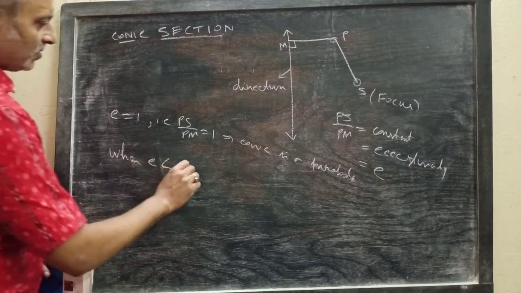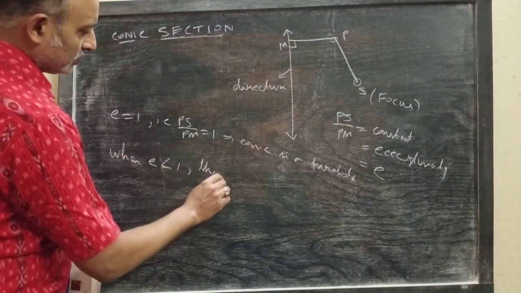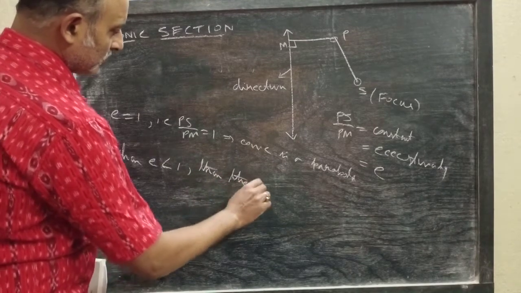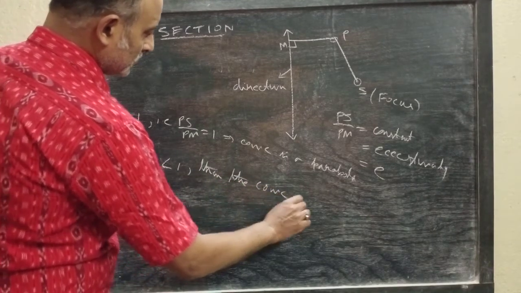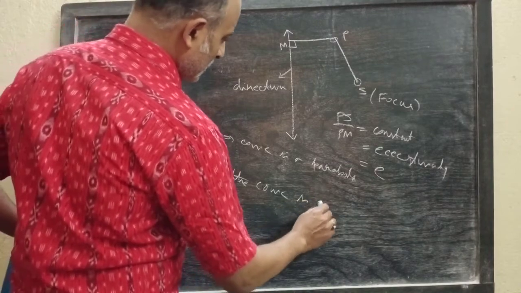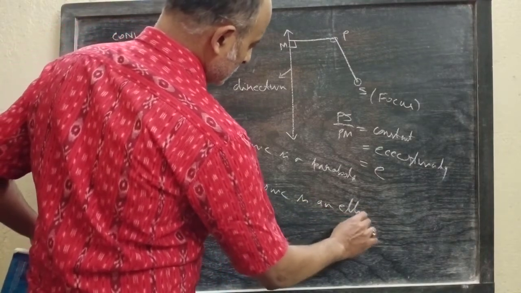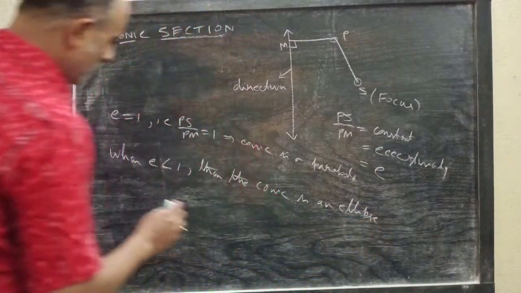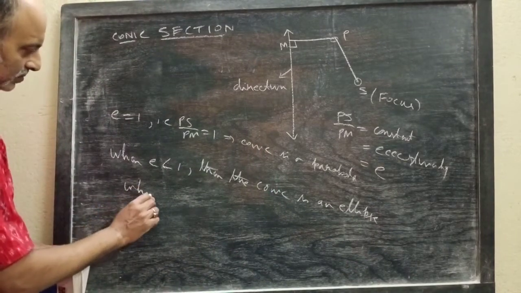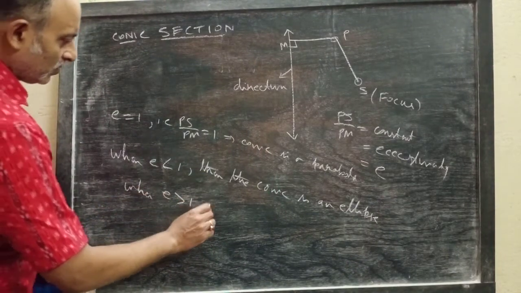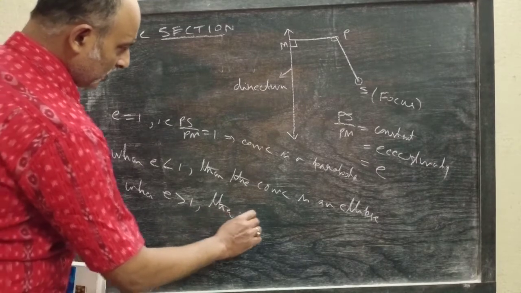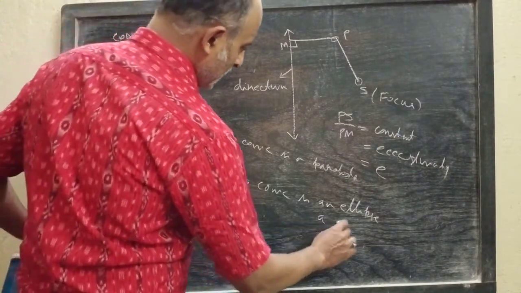When e is less than 1, then the conic is an ellipse, and when e is more than 1, then the conic is a hyperbola.